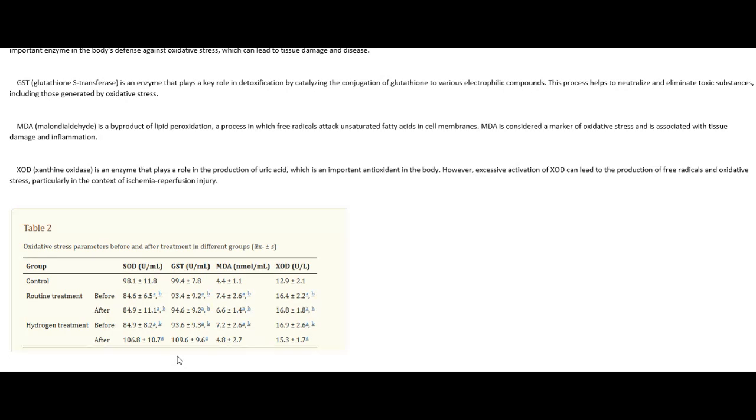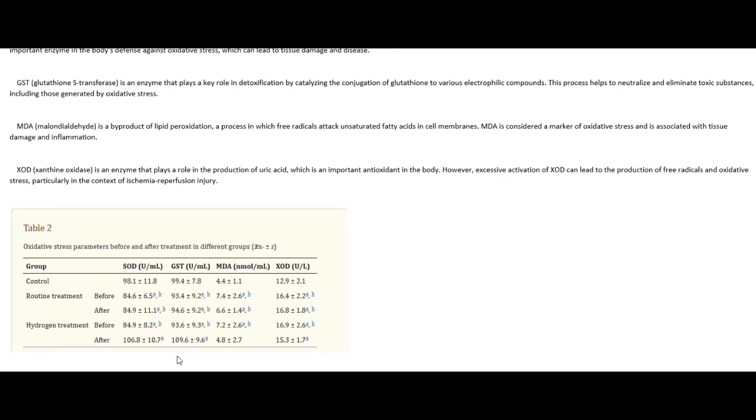So MDA, for the control group, in the MDA levels, it was 7.4 plus minus 2.6 before, and after it was 6.6 plus minus 1.4.